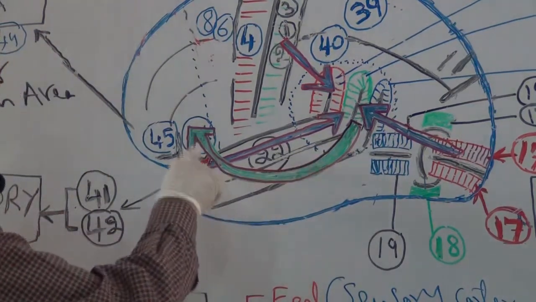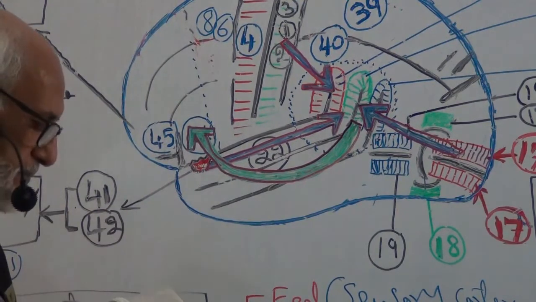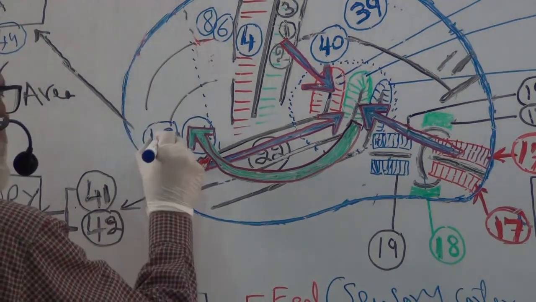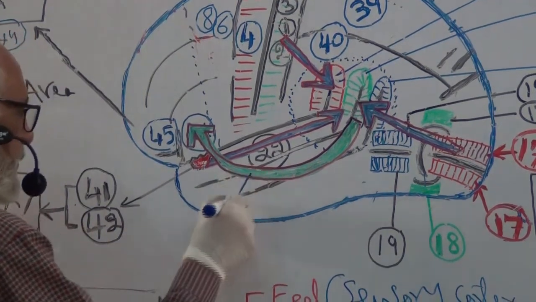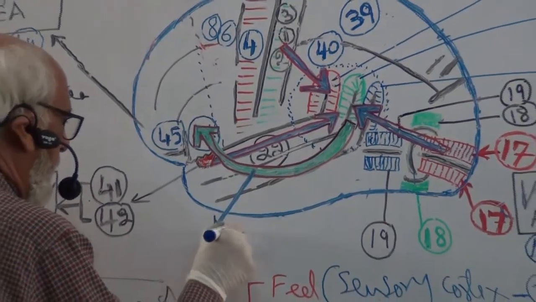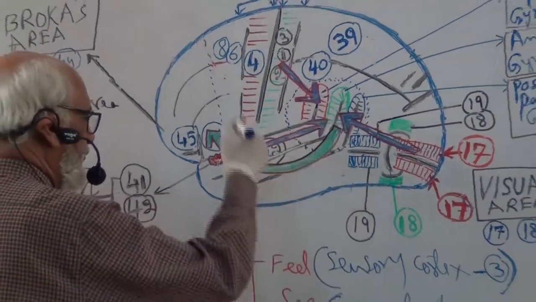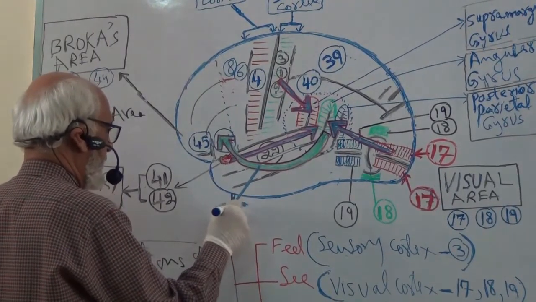This bundle of fibers which connects the Wernicke area with the Broca's area is known as the arcuate fasciculus. The arched bundle of fibers is known as a tract or fasciculus.